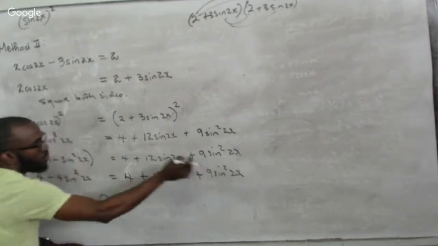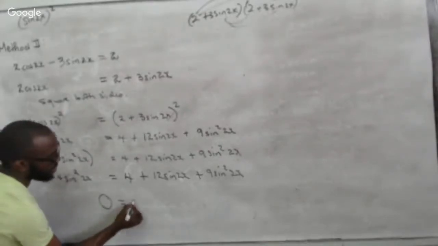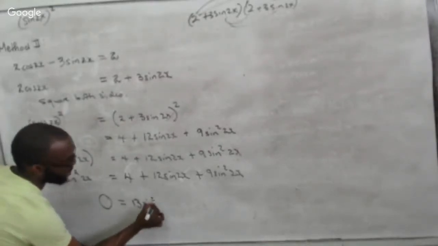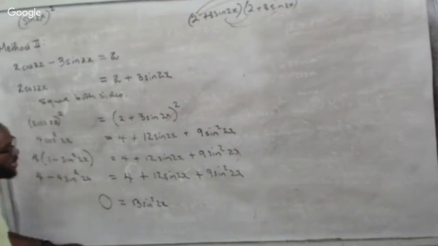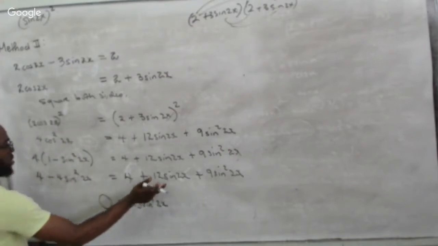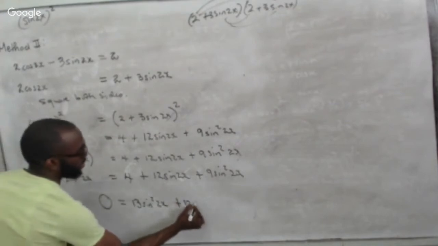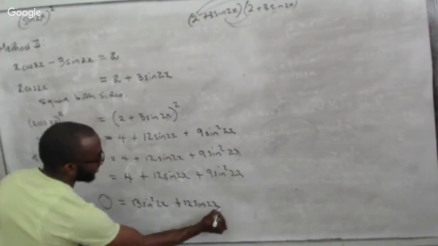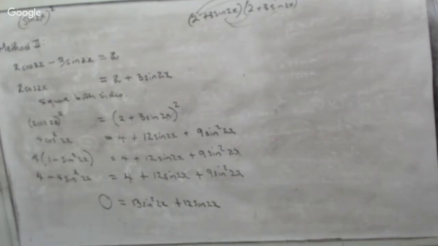So 9 sin squared plus 4 sin squared is 13 sin squared 2x, plus 12 sin 2x. And thank God it's not ax squared plus bx plus c, because 4 minus 4 is gone.